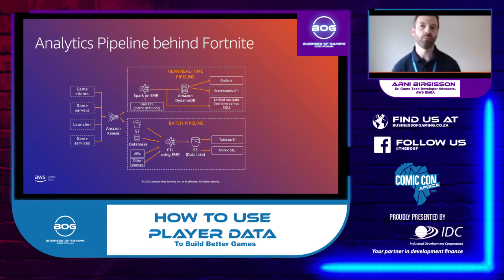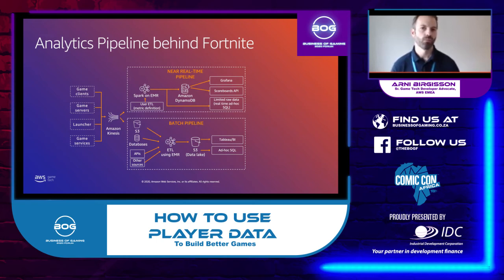And then from there, it splits up into a near real-time pipeline, which is for Grafana dashboards, scoreboard API, and things like that. So more real-time. And then a batch pipeline, where they're using Amazon S3, a number of databases, Elastic MapReduce, and other services to make that data available for reporting and analysis afterwards.